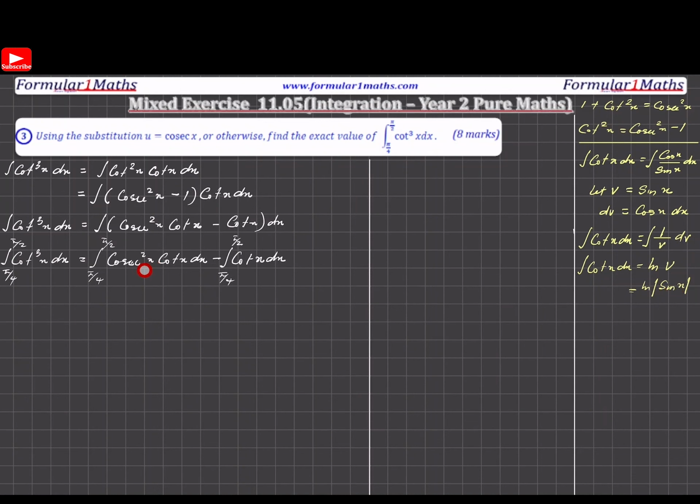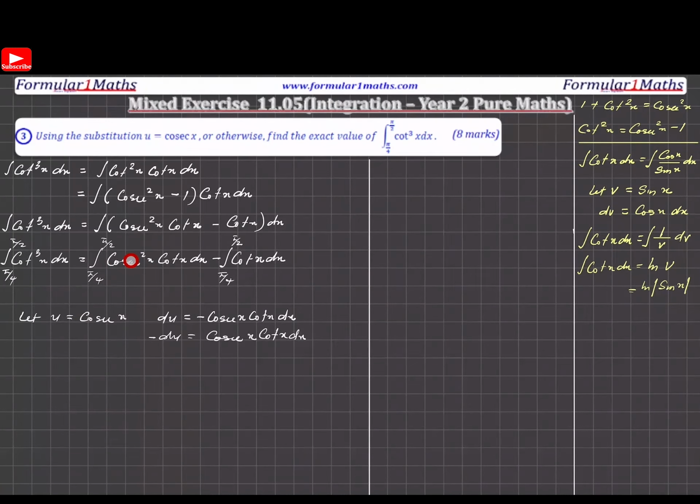So for now, we turn our attention to this term here. So for this term, let u equal cosec x as given in the question. In that case, du will be equal to minus cosec x cot x dx, which implies that minus du is equal to cosec x cot x dx.